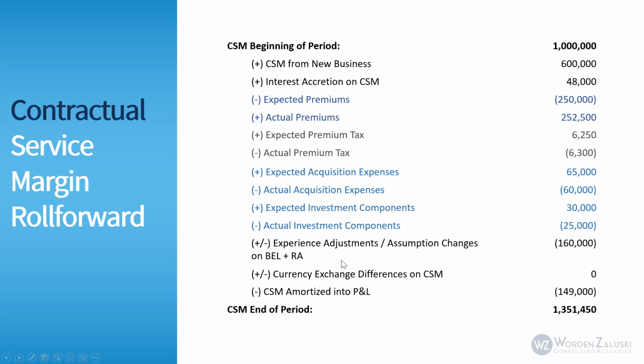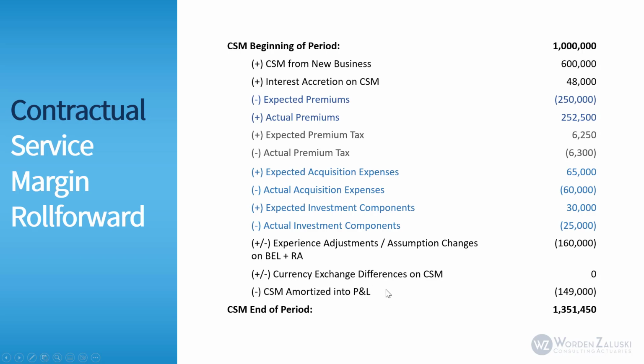The next item shows any experience adjustments or assumption changes on our BEL and RA. In this case, we put through assumption changes that increased our BEL and RA in the period, and as a result, that decreases our CSM by $160,000. In this example, all funds were in Canadian dollars, so there were no currency exchange differences, so no impact on the CSM from that.